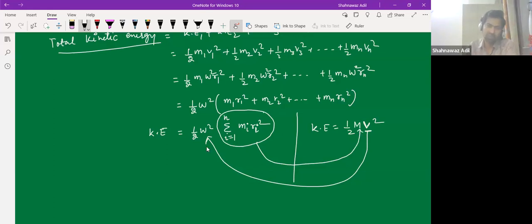So this I call the moment of inertia, the summation of mi ri square.